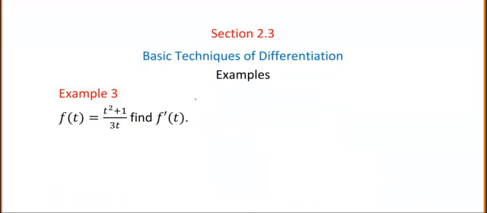Let's take the derivative now of f of t is equal to t squared plus 1 all over 3t. Again, we'll have to express variables in the denominator as powers in the numerator. So let's rewrite f of t as t squared over 3t plus 1 over 3t.